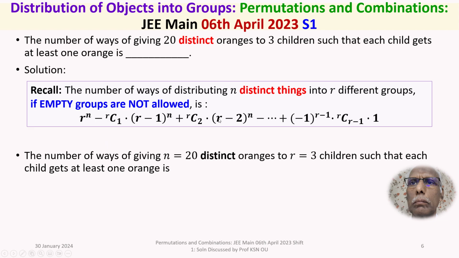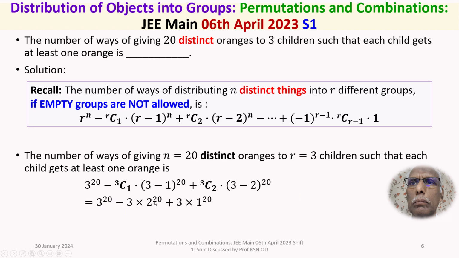We apply the formula here. You will get r to the power n, that is 3 to the power 20, minus 3C1 into (3 minus 1) to the power 20, plus 3C2 into (3 minus 2) to the power 20, and it stops because 3 minus 2 is 1. So when you simplify, 3 to the power 20 minus 3 into 2 to the power 20 plus 3 into 1 to the power 20.